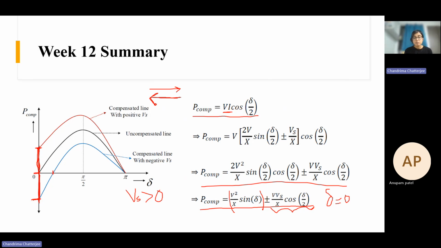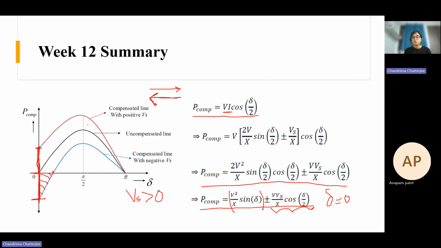That is possible because SSSC can provide both negative and positive voltage. If the voltage is negative, then the power reversal can happen. This is the portion where the power flow is reversed. This is very important. Another thing is it can provide damping to power system oscillation.